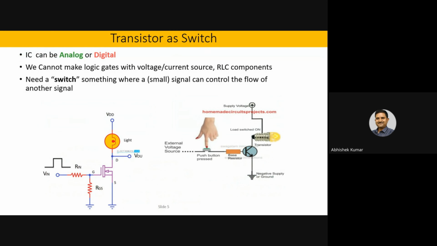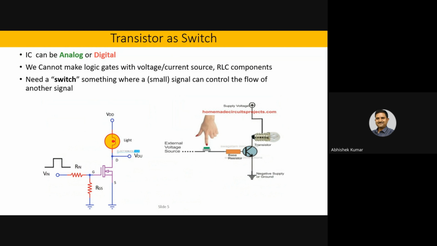Okay, so this is one of the applications which I have shown here, the transistor. One of the very basic applications in electronics is that the transistor can act as a switch. I hope all agree with this. A transistor can act as a switch, basic application. You must be knowing that a transistor can operate in three different operating regions: cutoff, linear, and saturation.